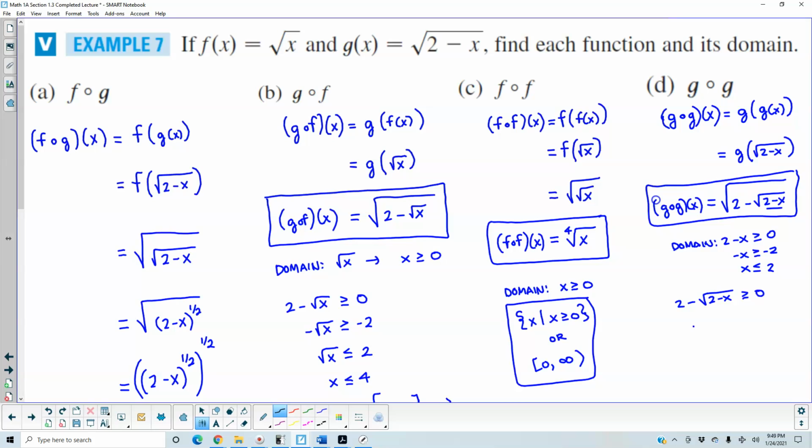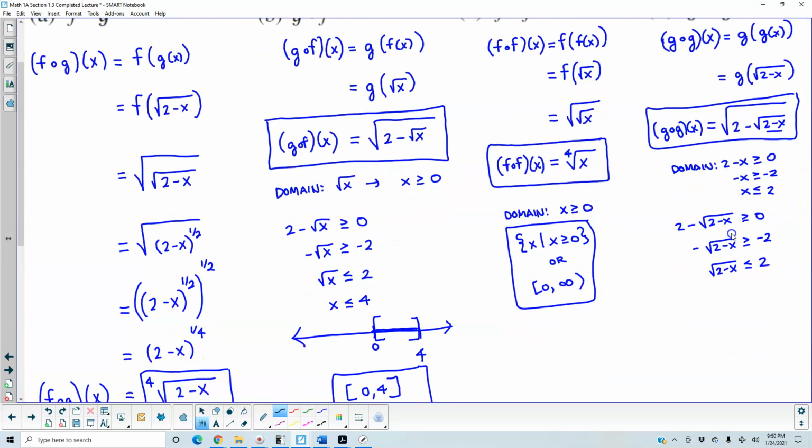So we're going to subtract 2 from both sides, and then divide by a negative, so we flip the inequality. Then we square both sides, so we get 2 minus x is less than or equal to 4. Now we subtract 2 from both sides, so negative x is less than or equal to 2. Then divide by a negative, so x is greater than or equal to negative 2.